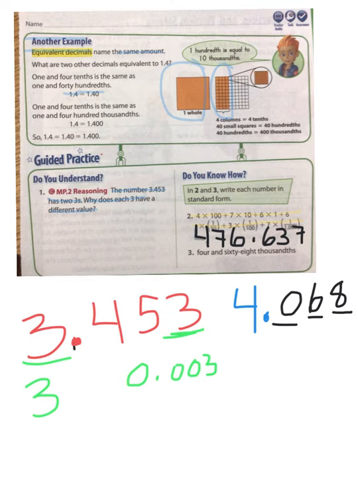Okay, we're going to do a little bit more practice before I let you go off on your own. Let's look at this number. We have 31 and 25 hundredths.